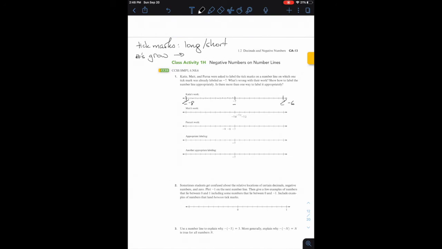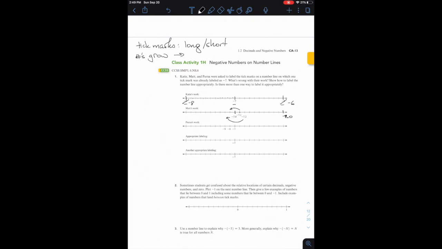Matt's work, he's saying that -7 is here and -7.1 is the little toothpick. So it would put -8.0 here, which would again be the same issue as Katie's work in that we're decreasing going to the right. So he should move his numbers 7.1 and 7.2 going to the left.